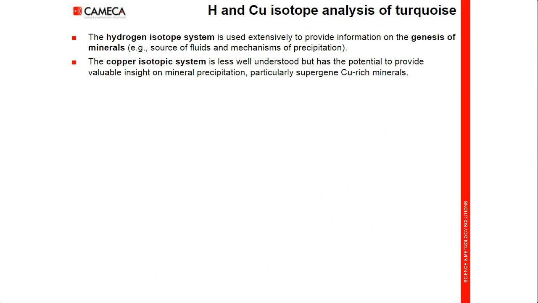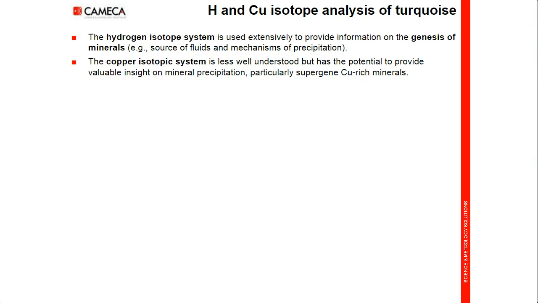In this last example, we show a study of hydrogen and copper isotope analysis of turquoise. The hydrogen isotope system is used extensively to provide information on the genesis of minerals, for example, source of fluids and mechanisms of precipitation.